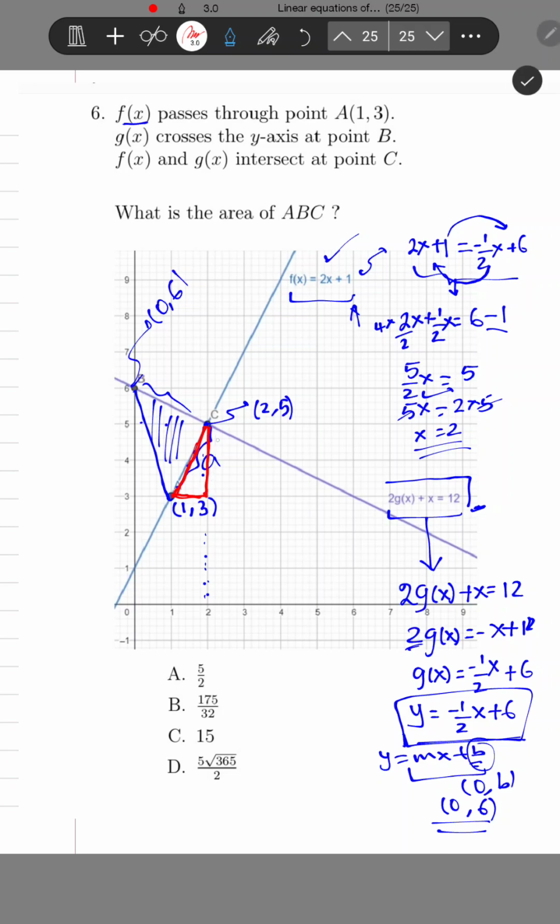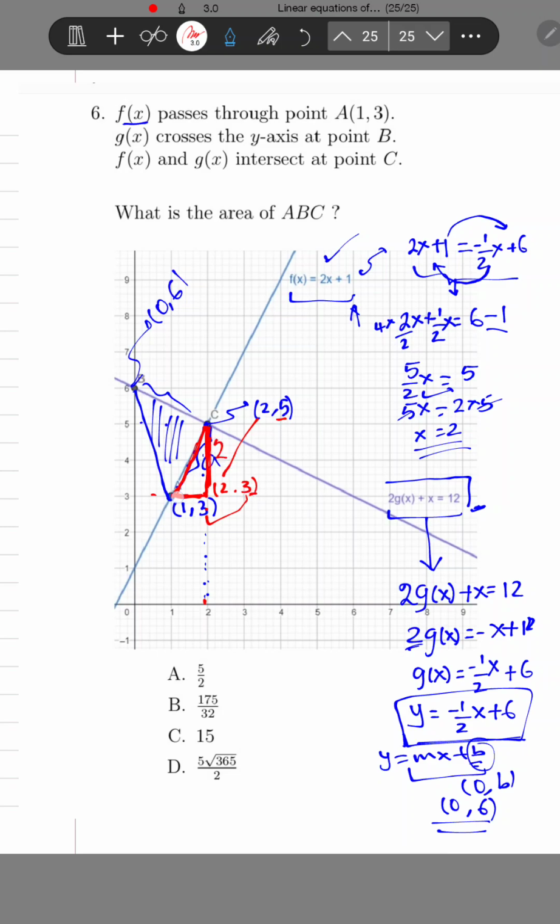In other words, this vertical part has a common x value, which is always 2 here. The horizontal part will have a common y value, which is 3. These two are the same here, 3 and 3. So we can use the Pythagoras theorem. How much is this vertical part? Let's just see the difference of the y values, 5 and 3, which is 2 here.